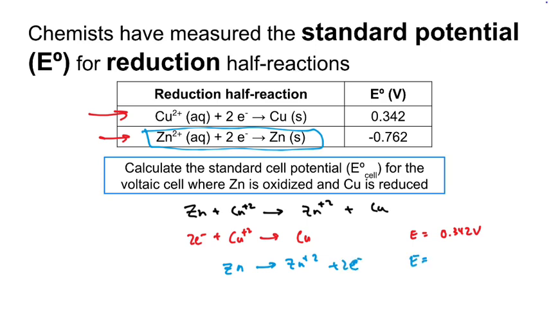Okay, so our cell potential was given at negative 0.762 volts, but since we flipped the equation, we bring in another negative sign. Right? Now what do we do? Add them up. And you now get the cell potential for the reaction.